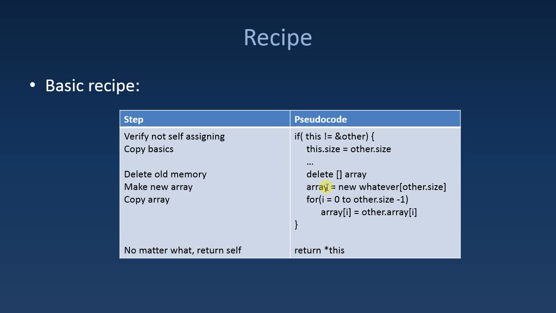I make new memory, and I copy from the other guy into my new storage, my array. And then no matter what, I return myself. So a lot of the same work as the copy constructor, with the differences that we have to worry about deleting the old memory, we have to make sure that we're not doing this to ourselves, and when we're done, we return ourselves.